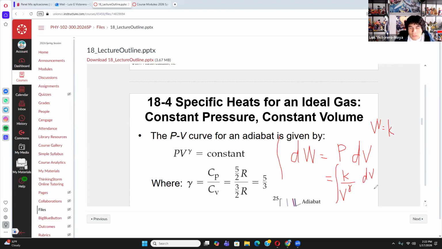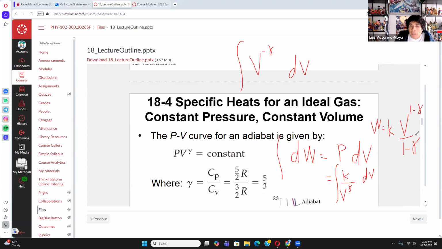And here you have an integration of V to the minus gamma. You're going to integrate this. You do the derivative.